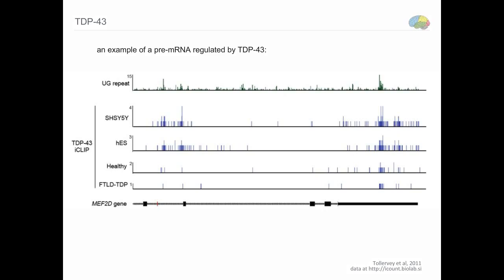And you can see that there are binding events near the exon, and that the regions of UG-rich sequence tend to also overlap with regions of strong cross-linking. And generally, we see there is a close correlation between the binding motifs of a protein and the cross-linking signature of the protein.